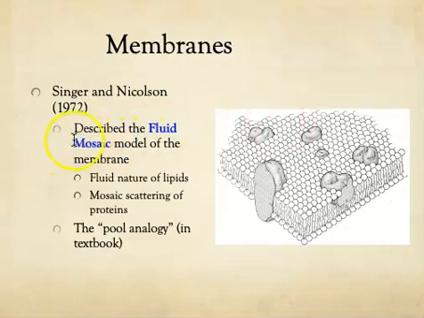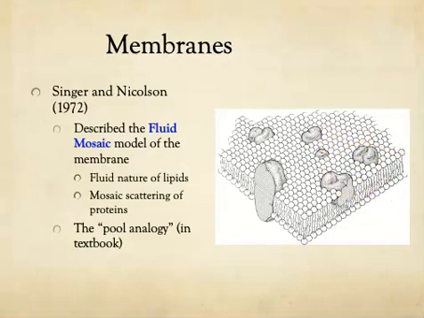The mosaic part of that name comes from the fact that the proteins don't follow a particularly ordered structure in the membrane. They're sort of placed randomly throughout the membrane, the way a mosaic would be put together in art.